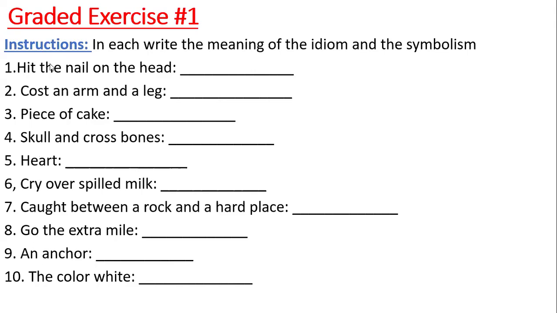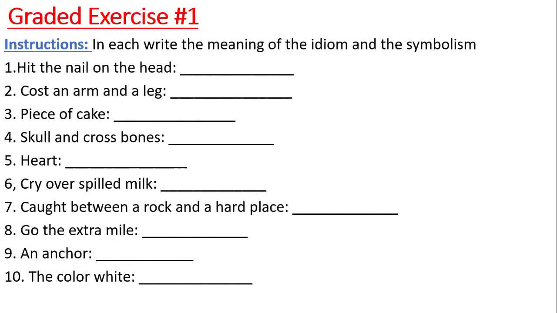Go ahead, Andrea. Inside the chat, answer these, please. You need to write the meaning. What does it mean? Number 1, hit the nail on the head. Number 2, cost an arm and a leg.